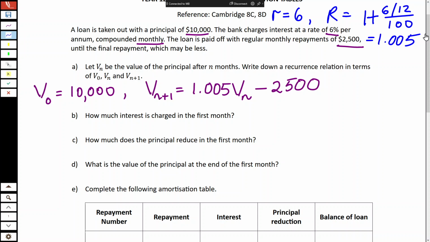This is when you're getting interest. Interest means you're increasing the amount, so I'm plussing here. But if I'm depreciating, I'm shrinking the value, so then I will use minus. So when you're looking at flat rate depreciation or reducing balance depreciation, you'll use minus. But if you've got compound interest, you're going to plus.